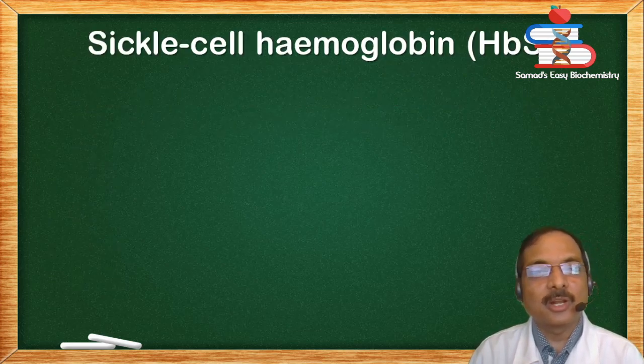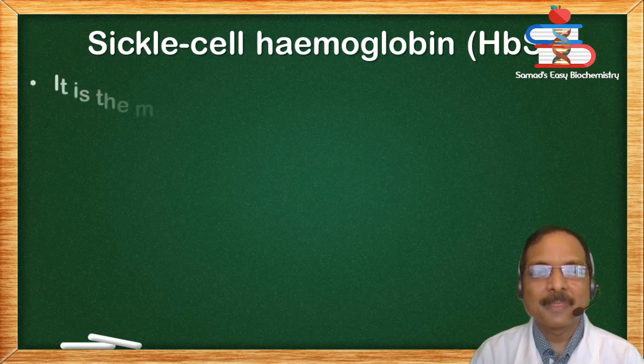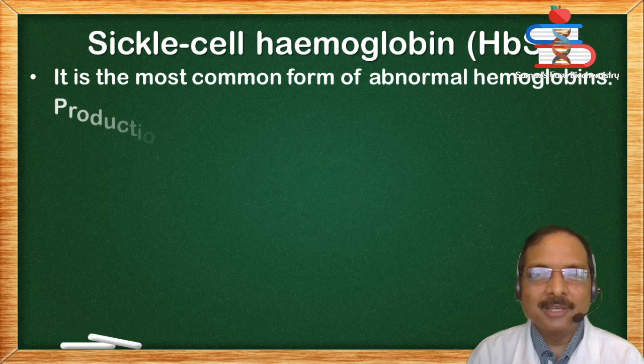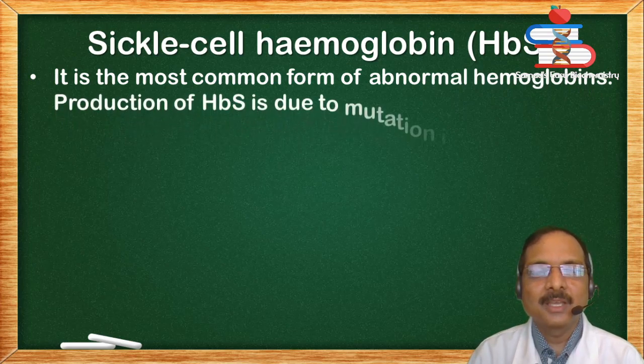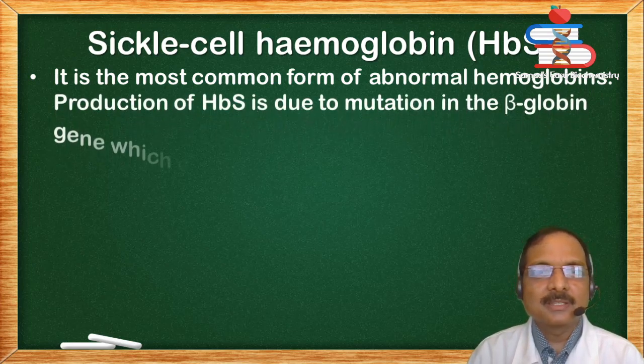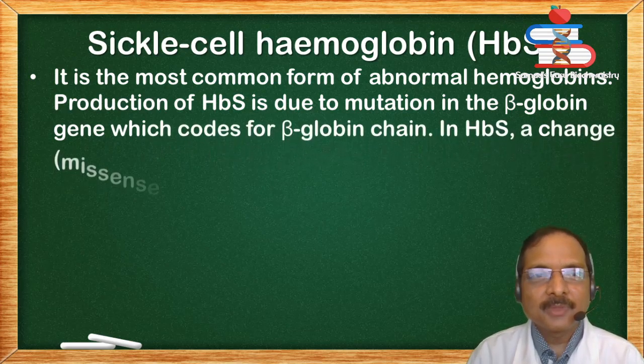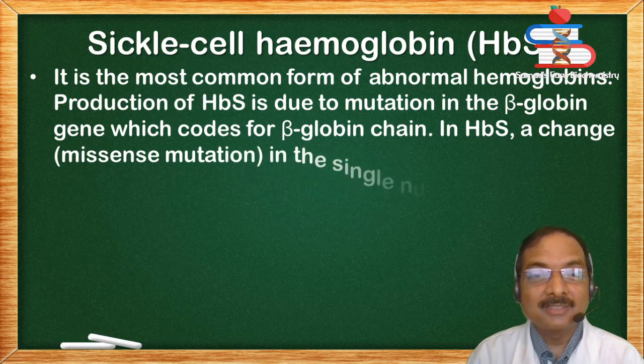Sickle-cell hemoglobin or HbS. It is the most common form of abnormal hemoglobins. Production of HbS is due to mutation in the beta-globin gene, which codes for beta-globin chains.